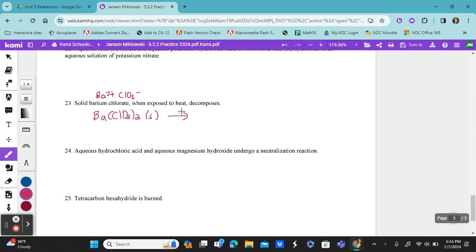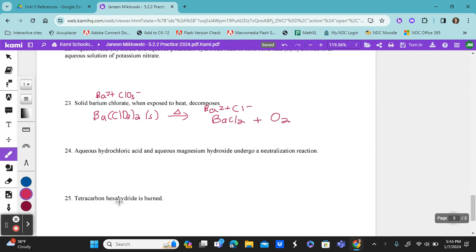When it's exposed to heat, it decomposes. So I know I have one reactant. Now, if you look back at your notes, barium chlorate is a metal chlorate. When it decomposes, you're going to get a metal chloride and oxygen. So barium chloride. Again, do a crisscross here. So BaCl2 and oxygen. And then you would balance it.